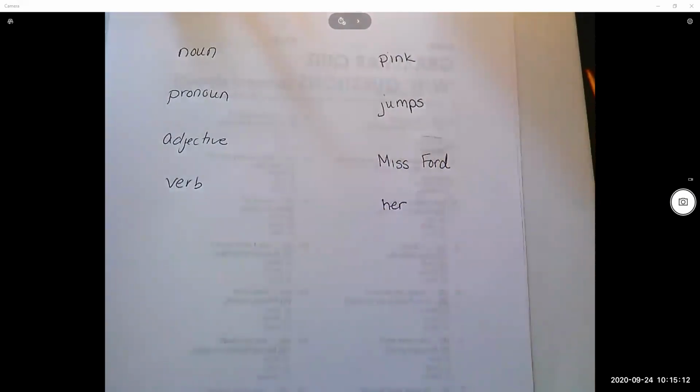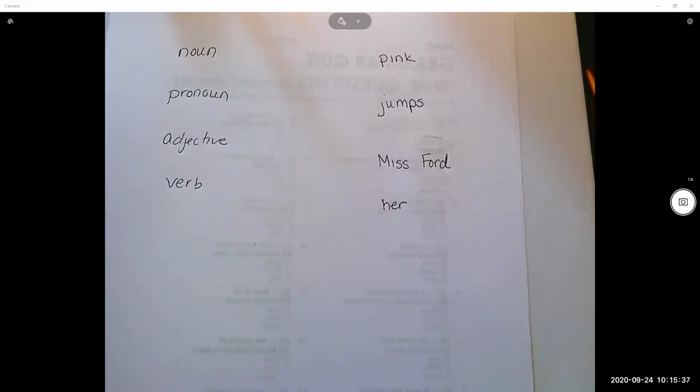Okay, so I have pink, jumps, Miss Ford, and her. Those each match one to one with my parts of speech. So let's start. For my first one, I know that a noun is a person, a place, a thing, or an idea.